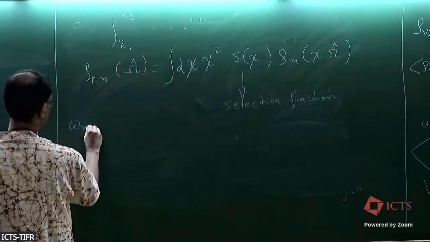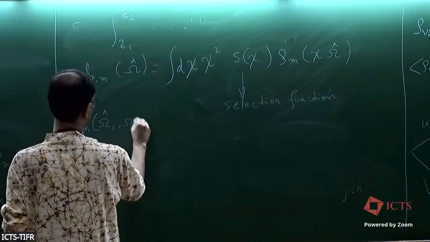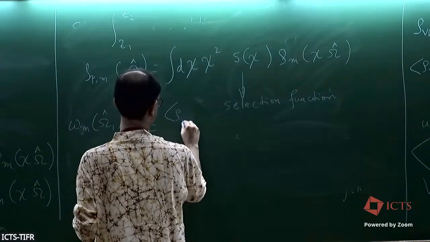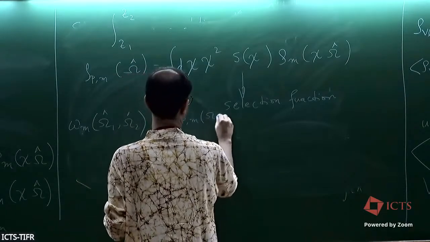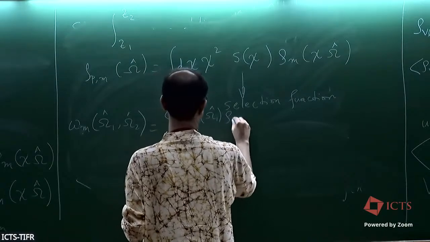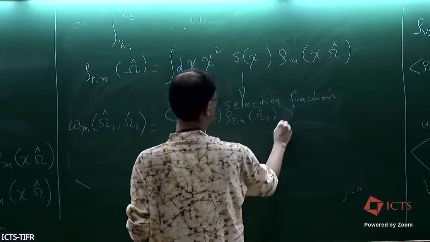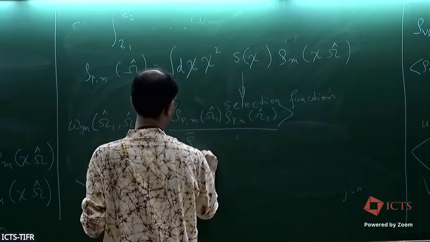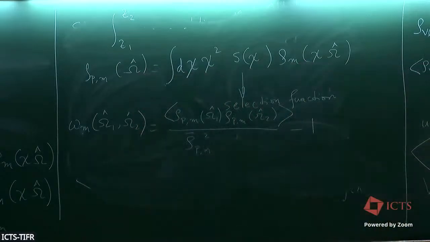So W m, which can be a function of omega 1 and omega 2, will be nothing but rho projected m of omega 1, rho projected m of omega 2, ensemble average, and then divided by rho average m square, minus 1. It's the same relation.